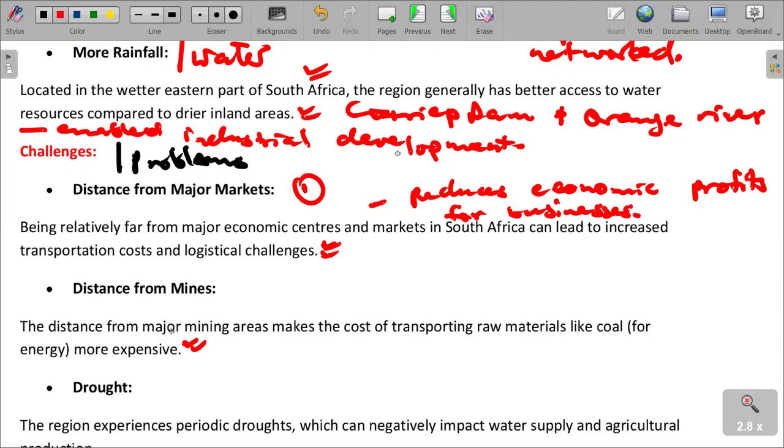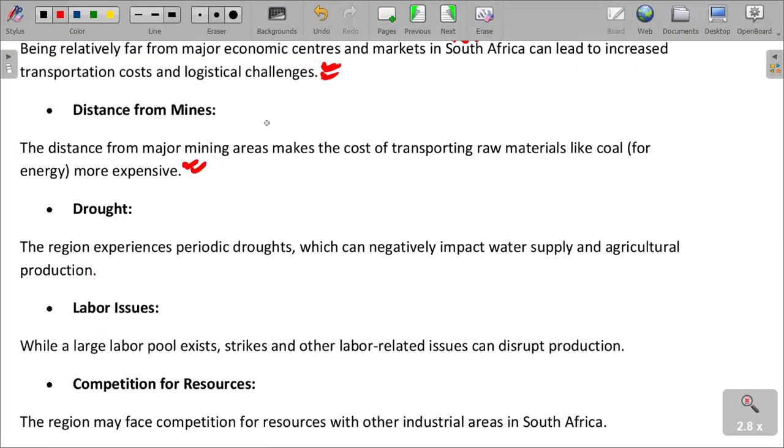It is more distant from the major mining areas, which further increases the cost of transportation of raw materials, and at the end of the day can impact on the economic profits the business is making.